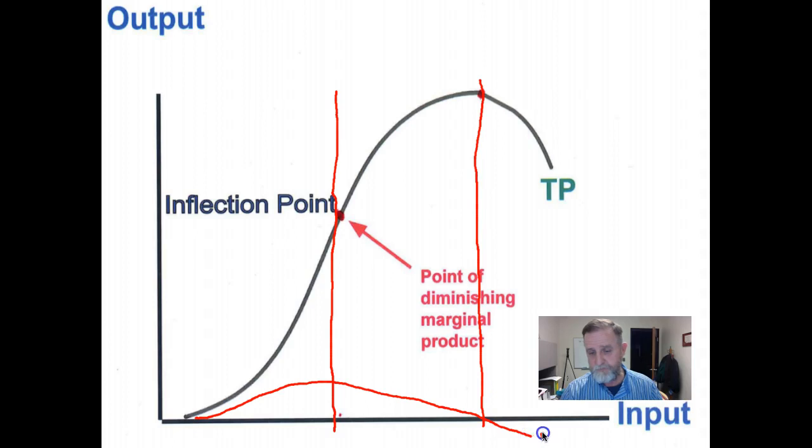So this is your marginal product. And that's how we found, remember, our inflection point, is where that's maxed out right here. If we go up on our production function, that's where we are as far as the inflection point, right there on our function, on our total product, the production function.